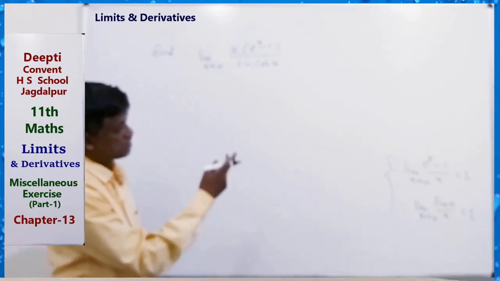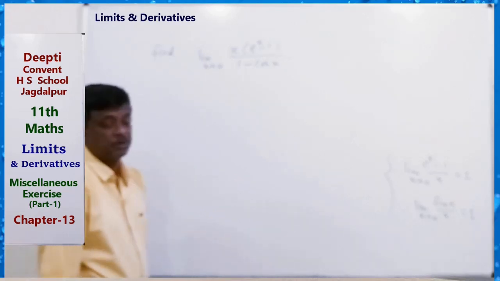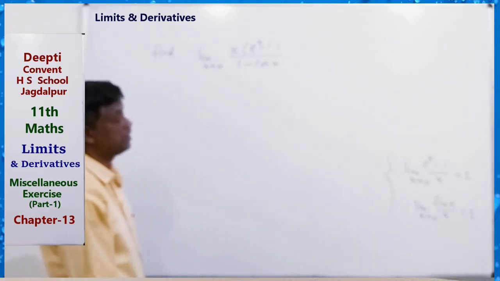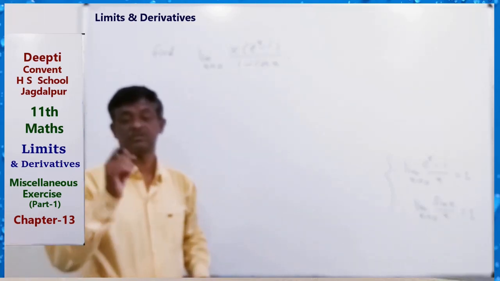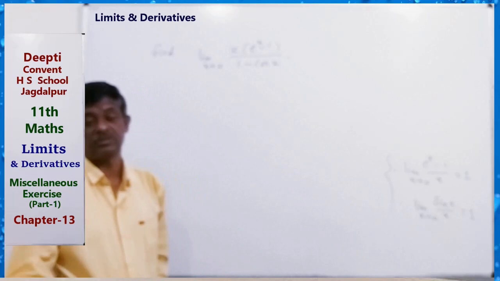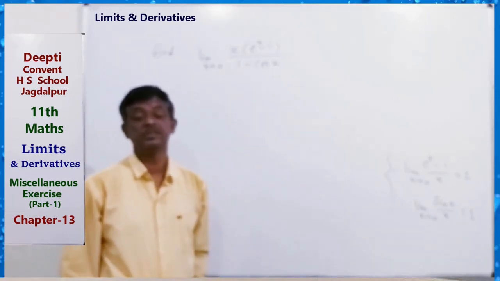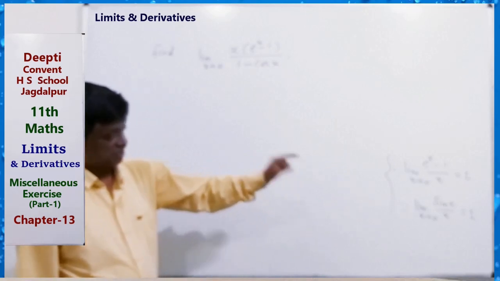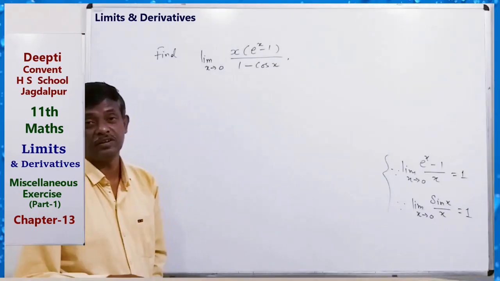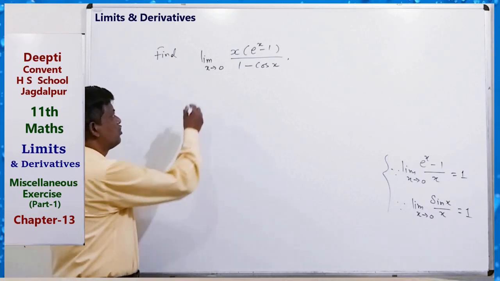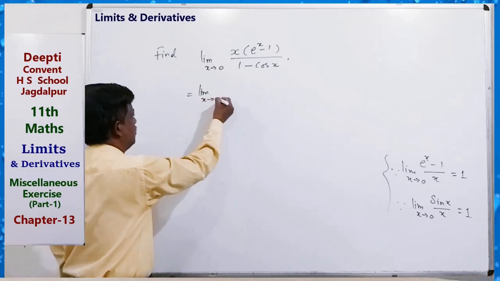Just e to the power x minus 1 by x we can use. So here just multiply x in denominator and numerator. Also here we see that 1 minus cos x, that is 1 minus cos 0, means 1 minus 1, 0. So it can be removed by using sine. How? 1 plus cos x can be multiplied in numerator and denominator. Just we are trying to solve this part for getting some finite value.